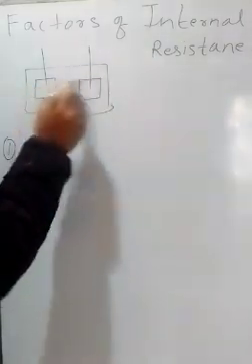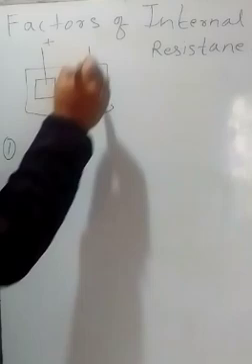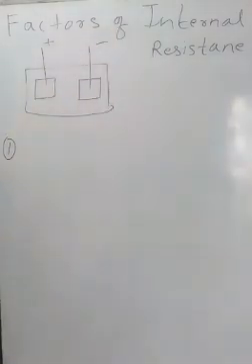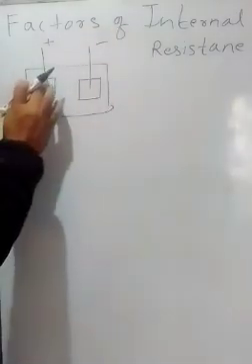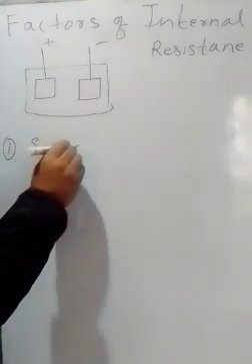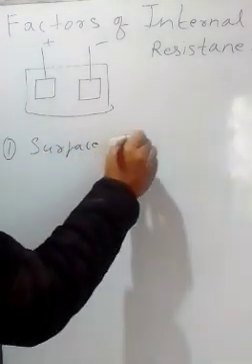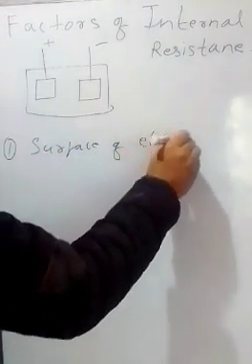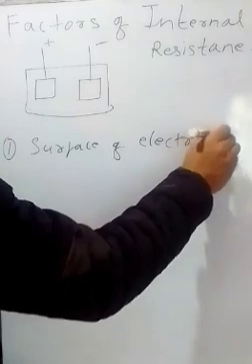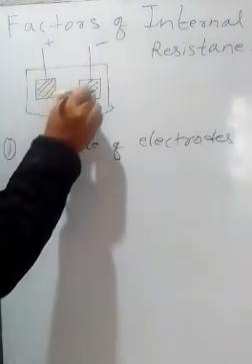It is like plates inside this battery, one is the plus terminal and the other is negative. This area of the electrode is called the surface area of the electrode.